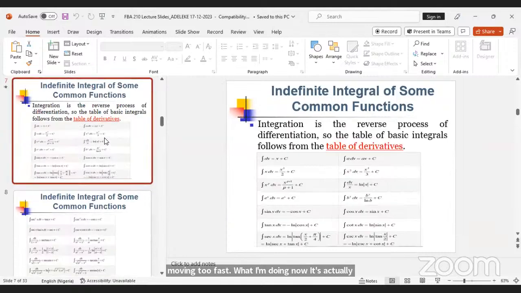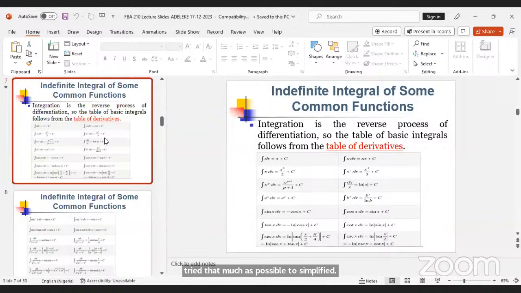The basic integration form is presented in this table. I'm sure you can see it. Yes, sir. So the three tables actually summarize the common integration problems that you can have, and I tried as much as possible to simplify it.